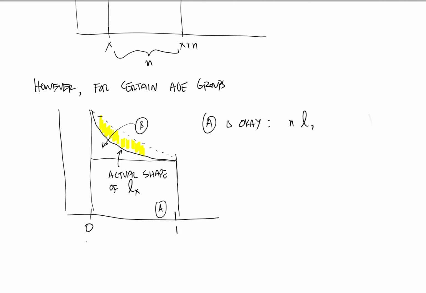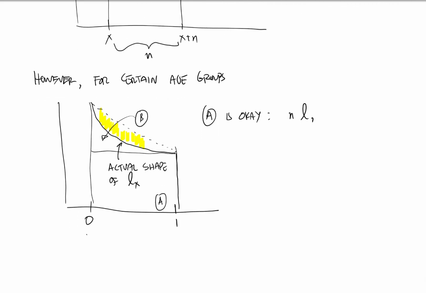So what we actually do in formal demography is we introduce yet another variable. And this is something that we call nAx. In this particular instance, we're talking about the first year of life. We'll call that 1A0.